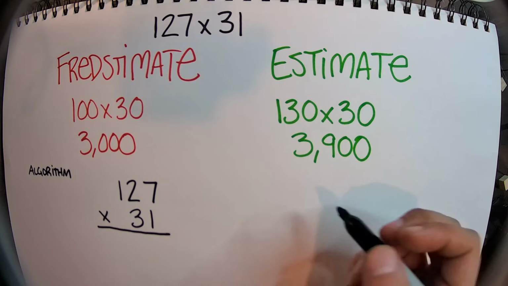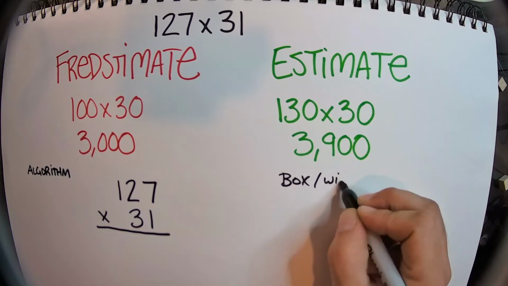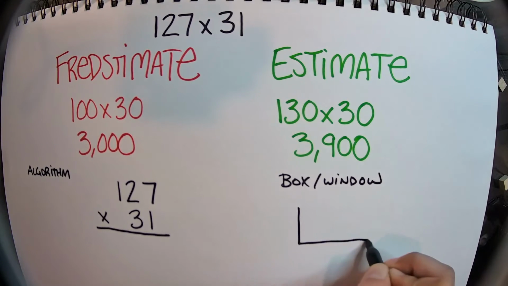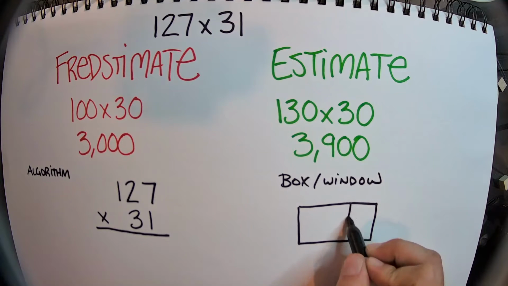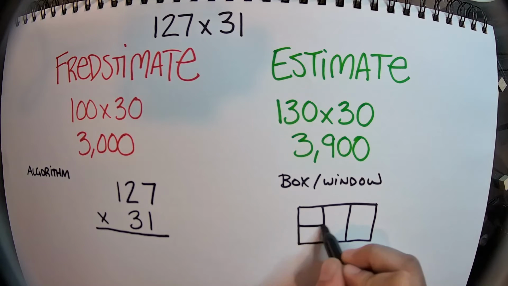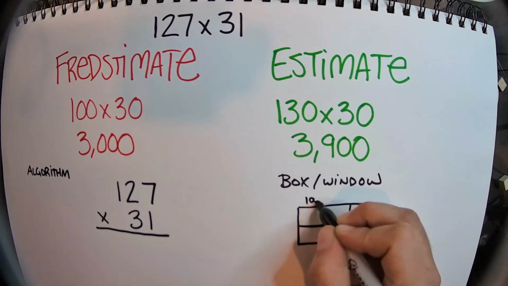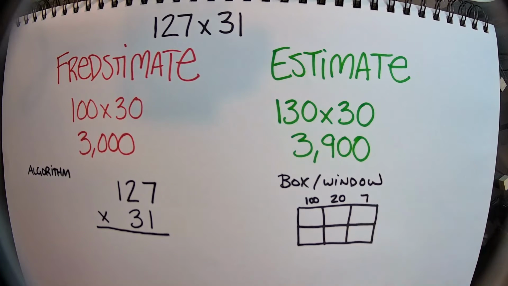So the other way that we could do it is your box or your window method. When we're setting up the box/window method, remember that when we're doing 3 by 2 multiplication, you have to split it up into not only the hundreds, the tens, but also the ones.